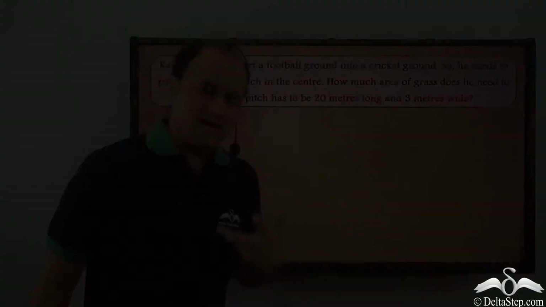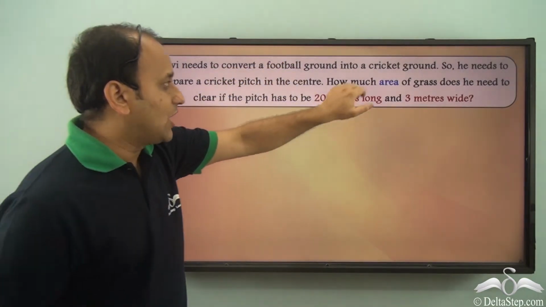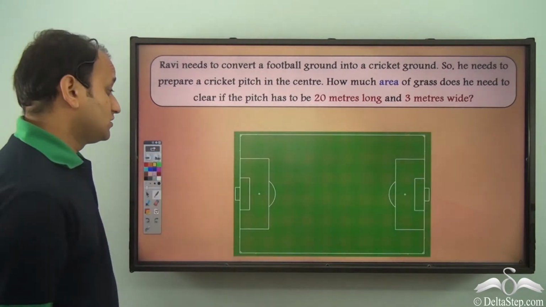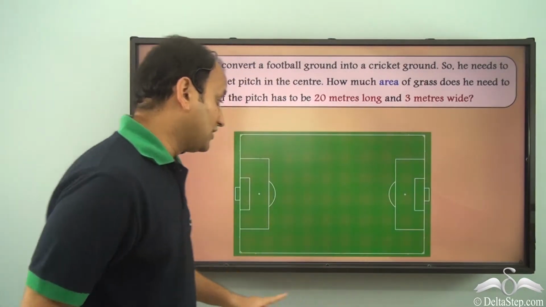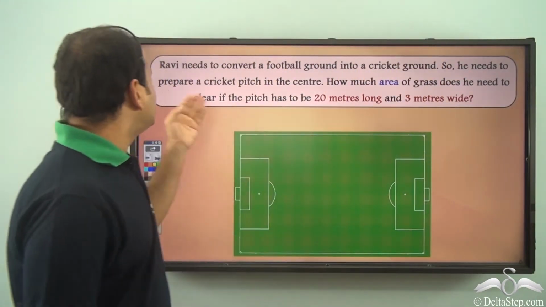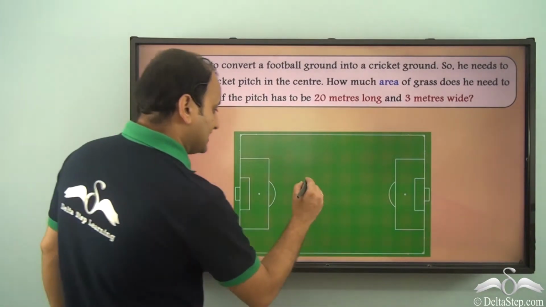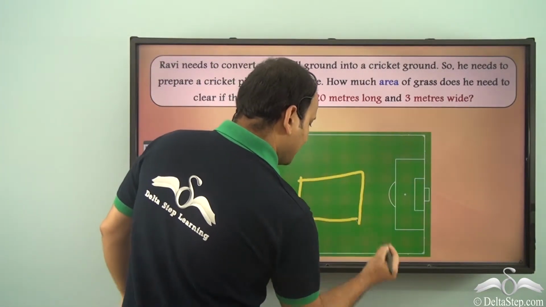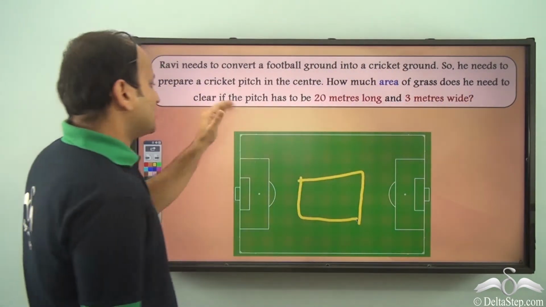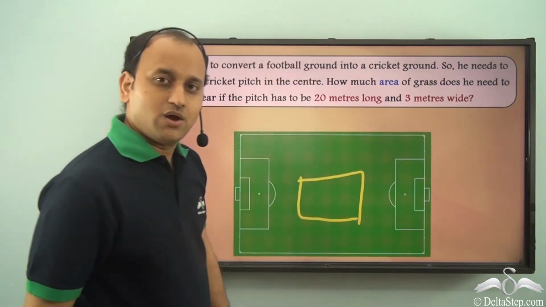Now let's see another problem. Ravi needs to convert a football ground into a cricket ground. So he needs to convert this football ground into a cricket ground. So he needs to prepare a cricket pitch in the center. Now how much area of grass does he need to clear if the pitch has to be 20 meters long and 3 meters wide?